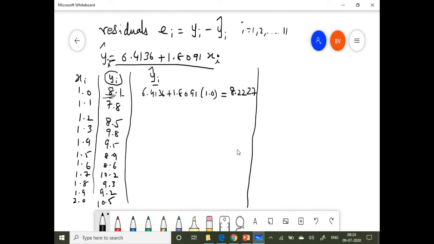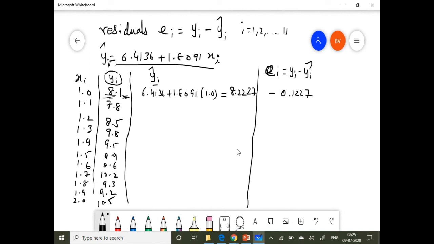That is going to be ei, which is yi minus yi cap. This one, 8.1 minus 8.2227, is negative 0.1227. You understand? This is ei.